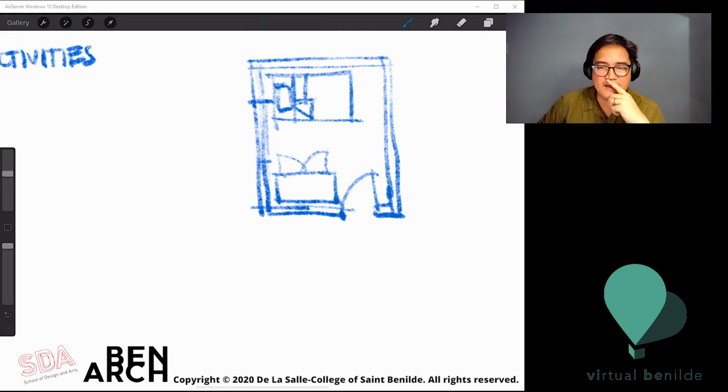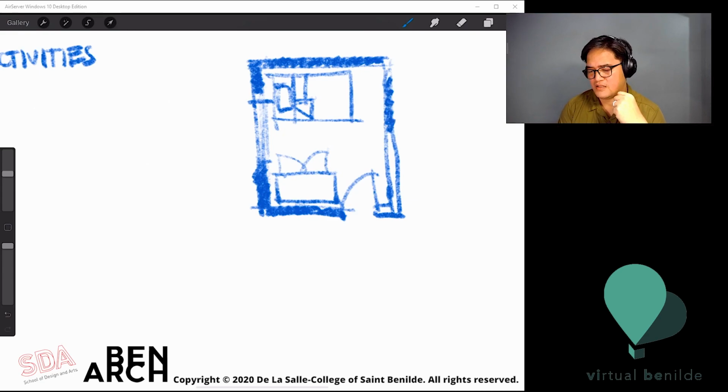It doesn't say anything. It doesn't say the personality of the person occupying it. It needs to reflect the personality that you have. This is a very typical commercial type of bedroom that doesn't say anything at all.